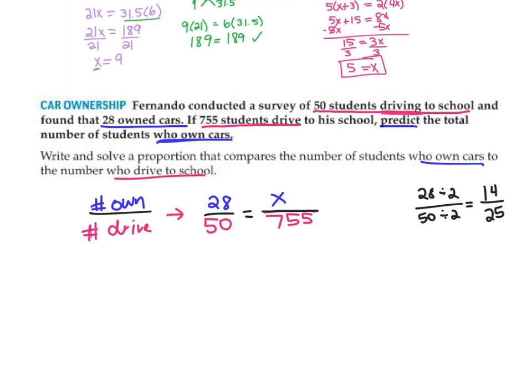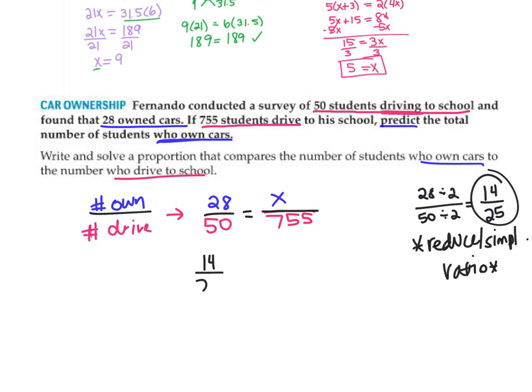Reducing or simplifying our ratio is going to just give us smaller numbers to work with. This will really come in handy when we're working with areas and perimeters a little later on. So I want to use 14 over 25.